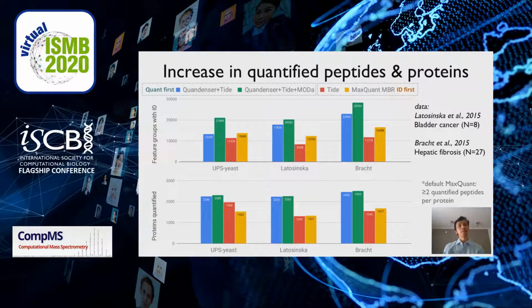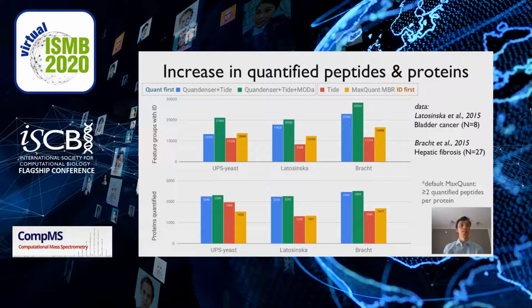In the end, we mostly still care, of course, about the protein identification and protein quantification. And here we compared four approaches, 2 of them quantification first and 2 of them identification first.